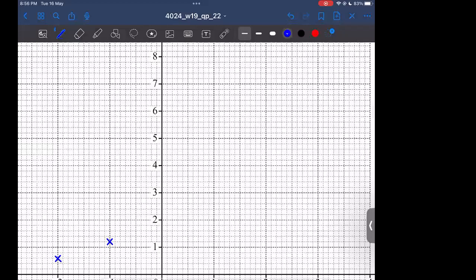And I have 4 minus 1, minus 1.8 is going to be here. So since it's a cubic graph, you know the general structure of the cubic graph. This is the general structure of the cubic graph. So we have to join these points. I'm going to use some software to make a tidier graph.